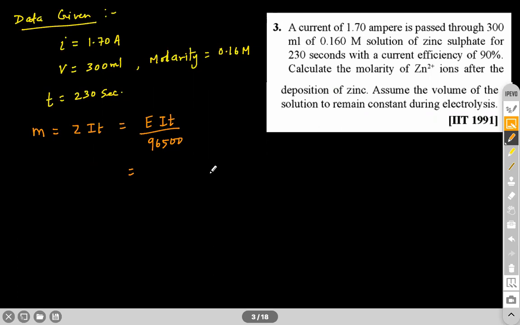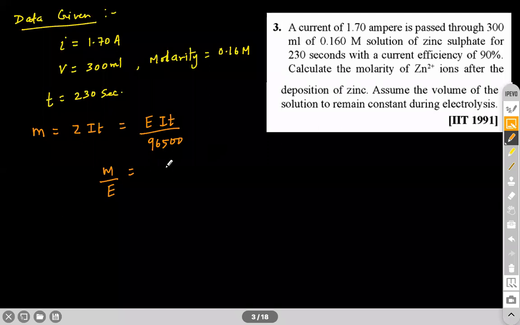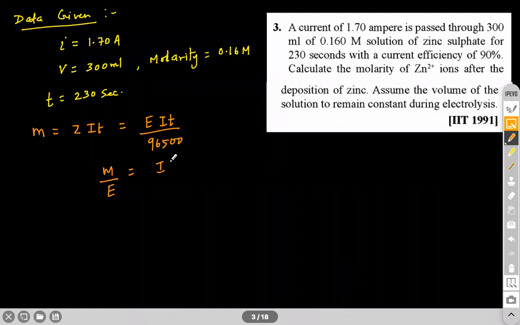Mass divided by equivalent mass, M by E, equals IT by 96500.